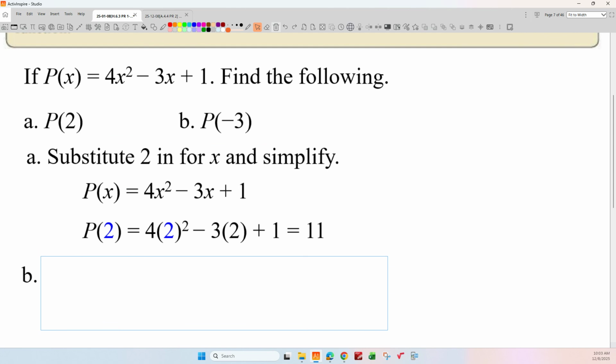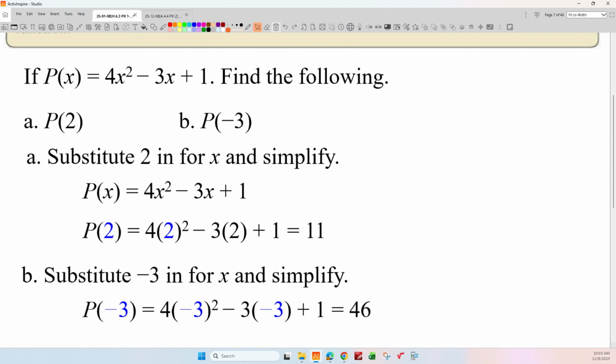If I want to evaluate it at -3, remember, anytime you evaluate a function, we always input that value inside parentheses every time. And if we do that, we'll get 4 times +9, which gives us the correct value for that first term, which is positive.